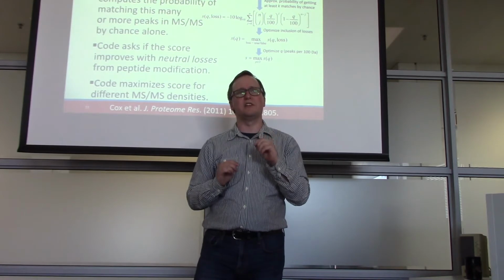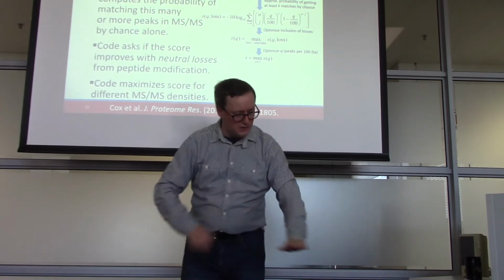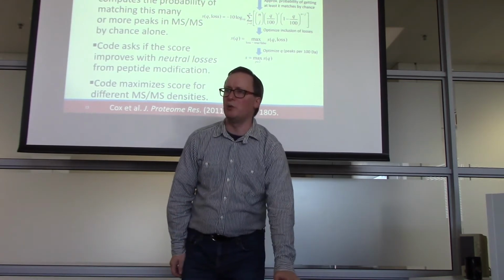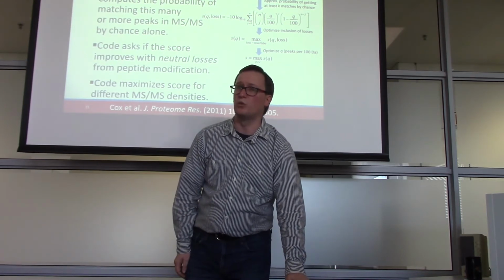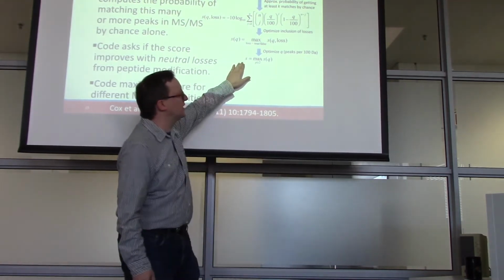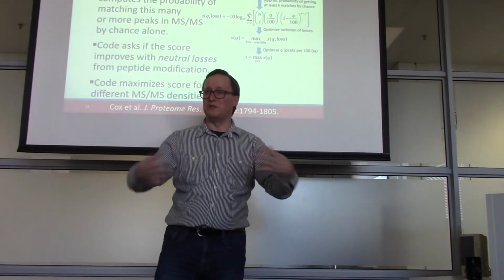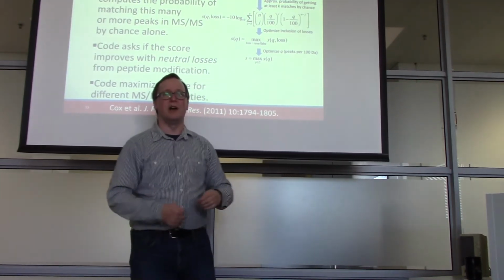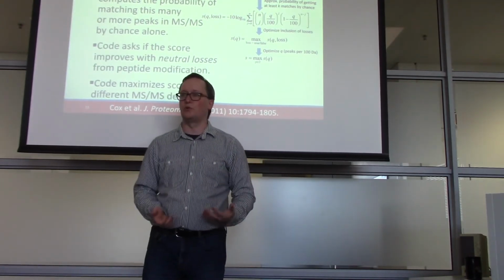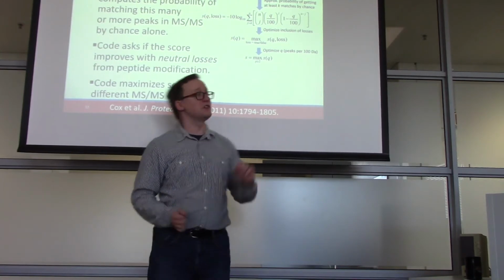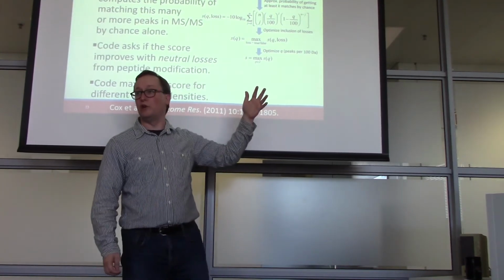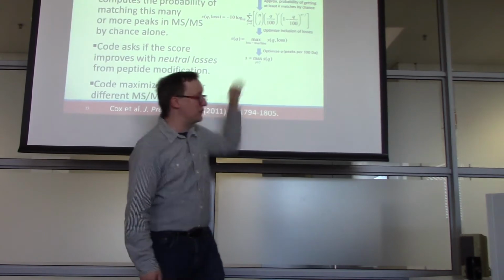So the software says, look, if I say nothing below this line will be counted as a peak, does my match get better or worse? So by adjusting which peaks get counted as signal and which ones get counted as noise, the software optimizes for the best possible score for each peptide sequence. So those are some of the secrets buried under the hood in Andromeda. This is right out of the paper that they published on it.